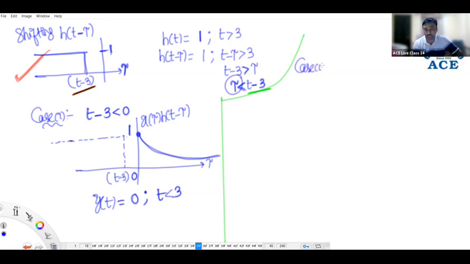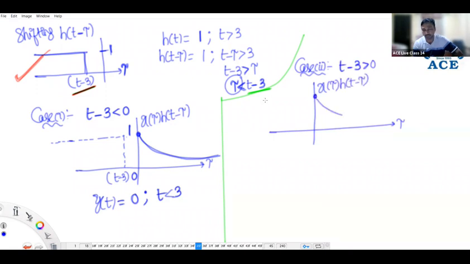What is the second case now? t minus 3 greater than 0. Because the other signal is continuous, t minus 3 can be anywhere between 0 and infinity. x of tau remains the same. The shifted signal covers from minus infinity to t minus 3, where now t minus 3 can be positive.